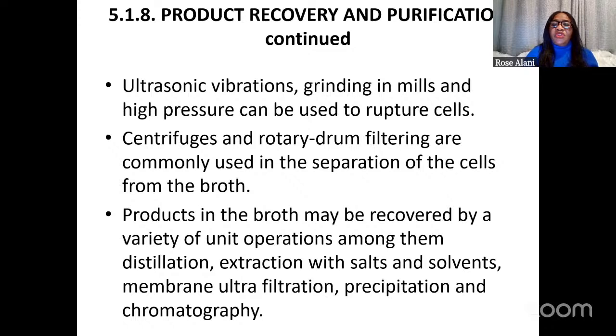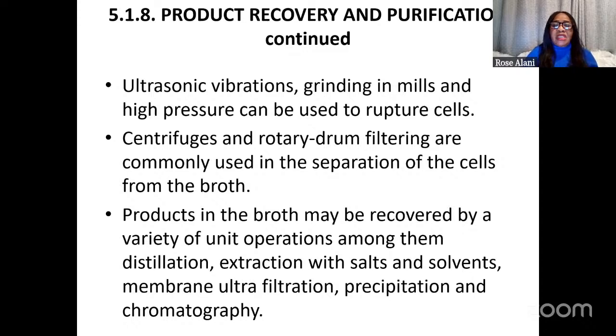Centrifuge and rotary drum filtering are commonly used in the separation of the cells from the broth. The broth is a mixture of everything, the microbes, the products, everything together. So you can use centrifuge, you can use rotary drum filtering. These are the commonly used methods to separate the cells from the broth.